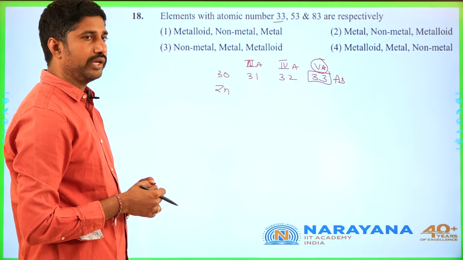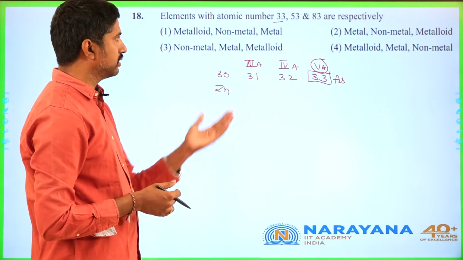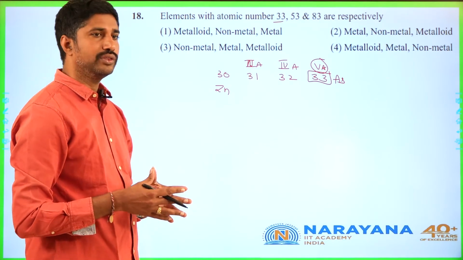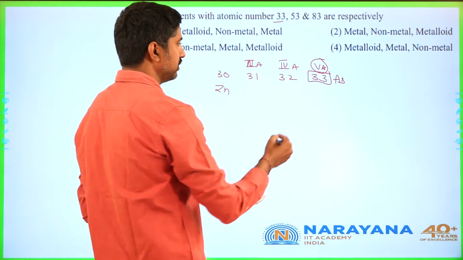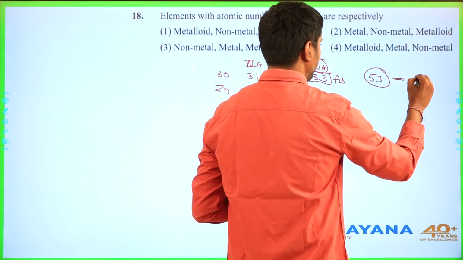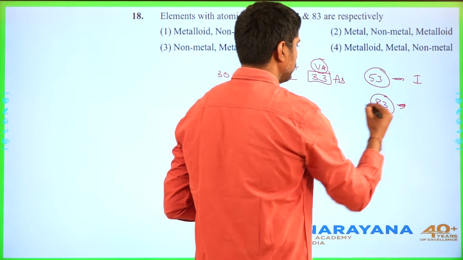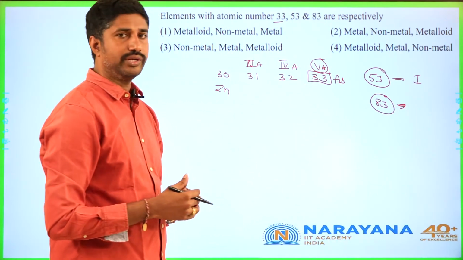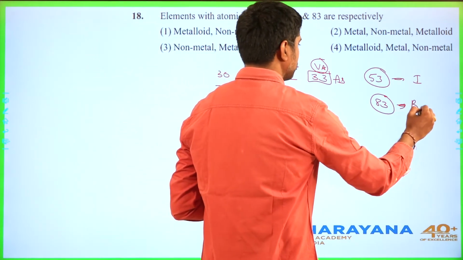The next number given is 53. Atomic number 53 is iodine and atomic number 83 is bismuth.